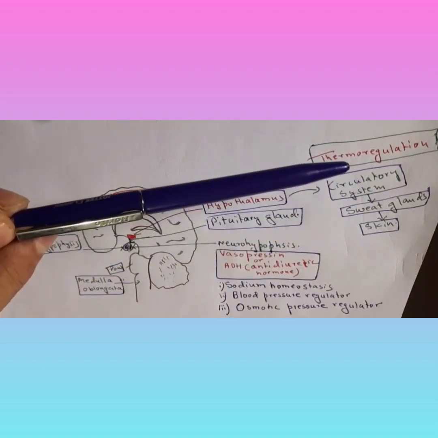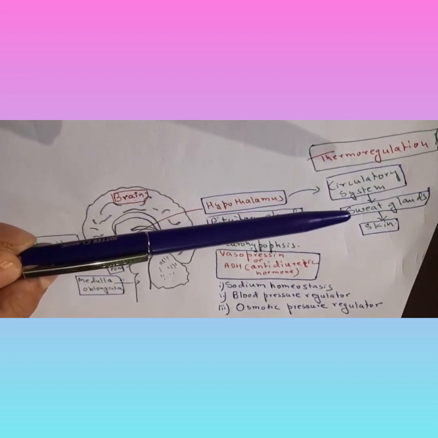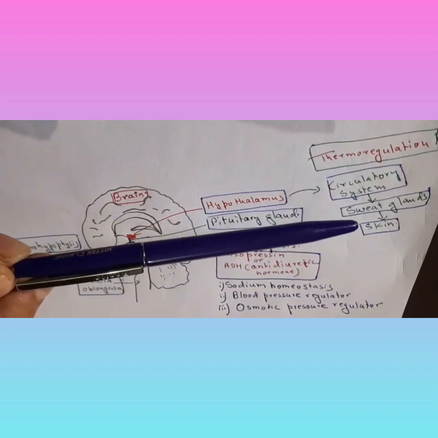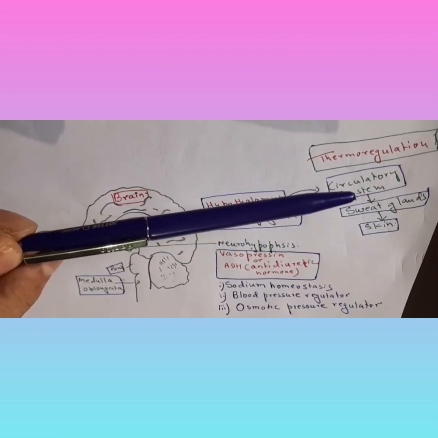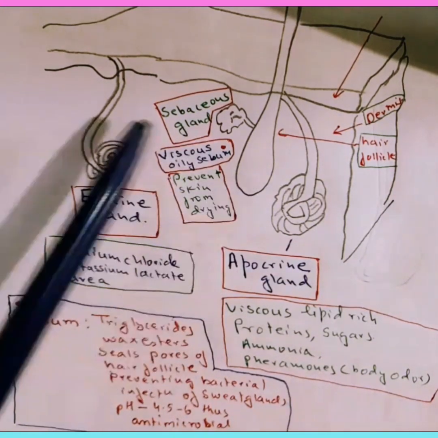And how is thermoregulation done? It's done by sweating, by sweat glands and skin. We would check it out individually. All right, there's the thermoregulation part. Skin. The main job of skin is to control body temperature.